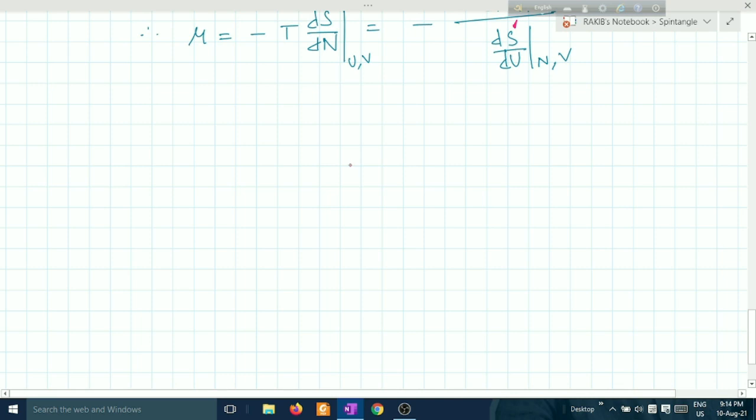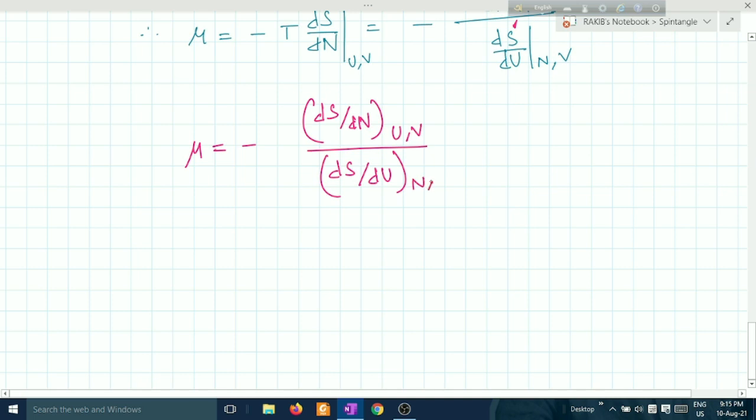By differentiating entropy, we are getting our result. So mu equals minus ds upon dn at u comma v, and in the denominator ds upon du at n comma v. I think this is the answer.